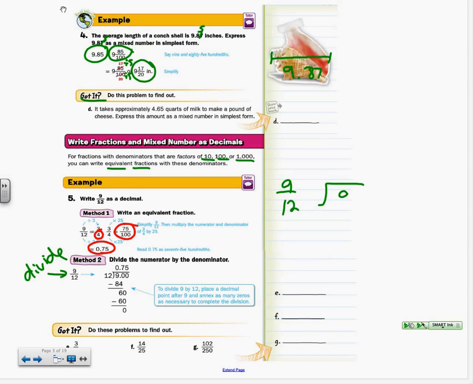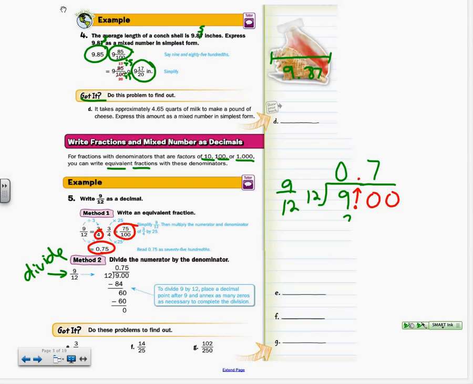I'm going to put the 9 on the inside because 9 is being divided by 12. Well, can a small number be divided by a big number? It sure can. Remember what we learned in the one lesson, dividing without remainders? Put your decimal there, bring it up. Let's add 2 zeros. 12 will not go into 9, but it will go into 90 7 times.